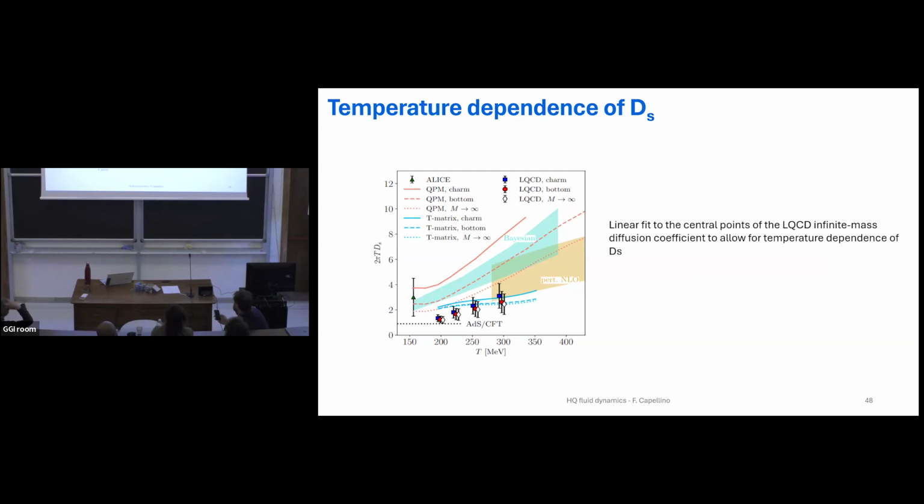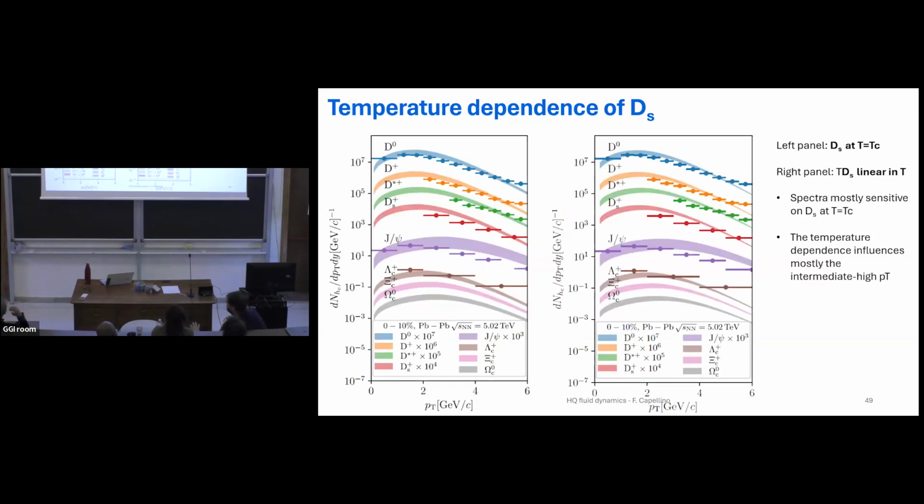Now I took a fit of the central point just to introduce a temperature dependence of the coefficient to see what happens. On the right-hand side, you see the new results with this temperature dependence. And what you see is that basically it doesn't vary at all. So it seems that at least the transverse momentum spectra are not very sensitive to the temperature evolution of the spatial diffusion coefficient, apart from in the tails at larger pT.